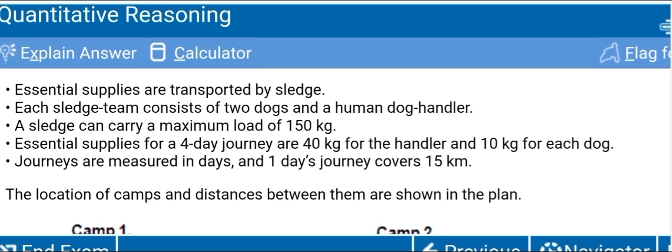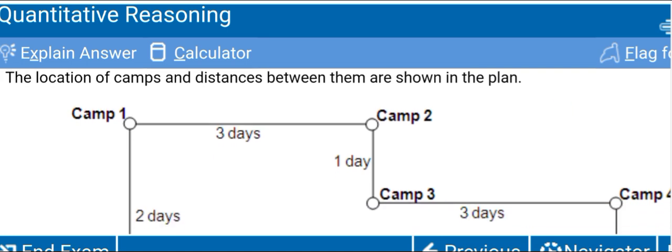The location of camps and distances between them are shown in the plan. So here we have camp 1 and camp 2, a distance of 3 days. Between camp 2 and camp 3 is a distance of 1 day.